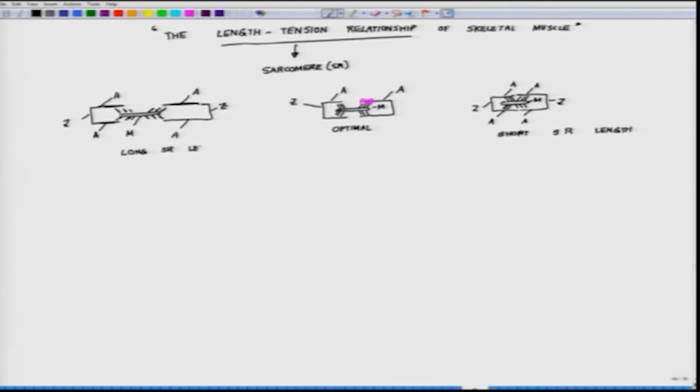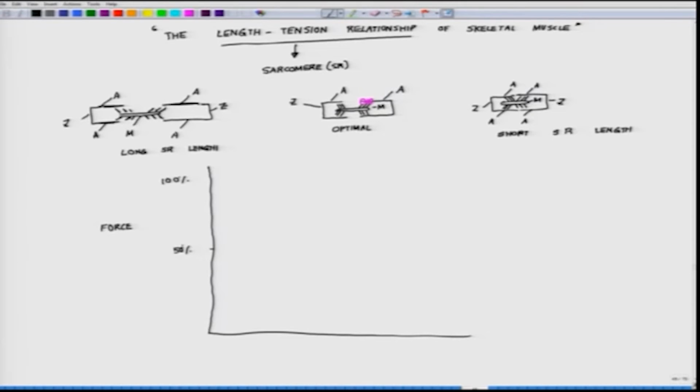Now, it has been observed in these three situations, if you draw a graph like this, where the y axis represents the force percentage, or unit force generated, if I keep it as maximum force, say 100%.